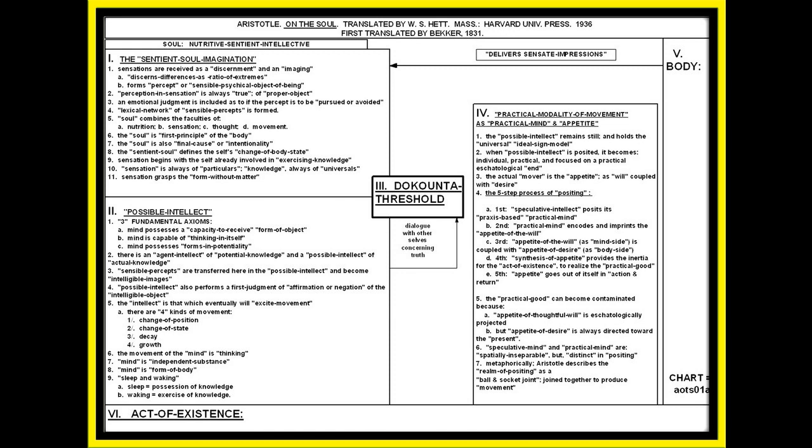If you take a look at our flow chart, you're going to notice that we begin with the sentient soul, or the imagination. Sensations are received as discernment and as imaging in the sentient soul, and the sentient soul discerns differences as a ratio of extremes.